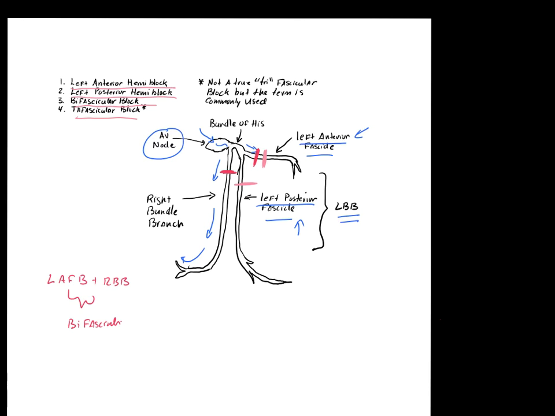So what we mean by a trifascicular block is a bifascicular block with an AV block of any type. Okay? That's what they consider the other quote-unquote fascicle, even though it's not.